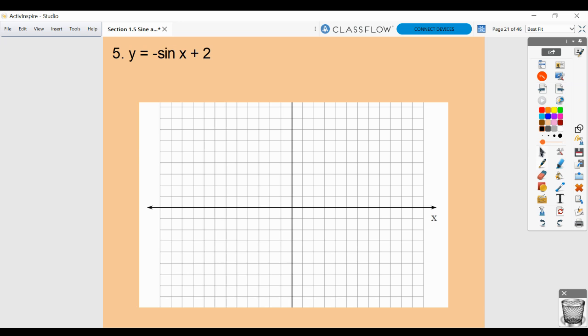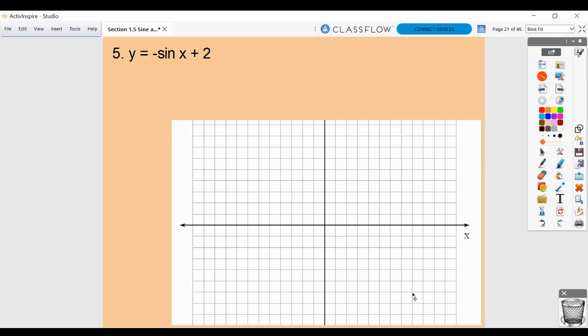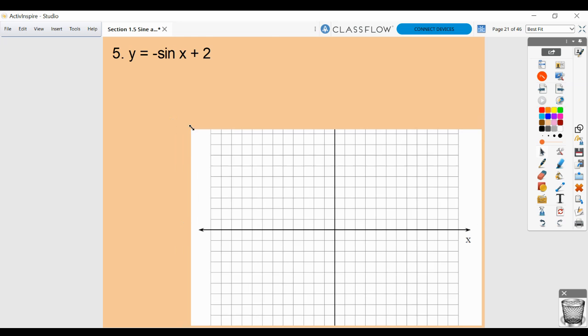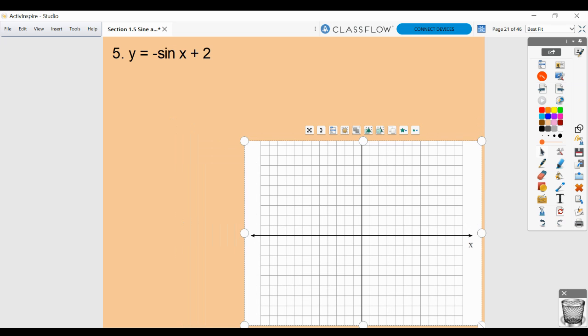Okay, here is another example. So we have y equals negative sine x plus 2. So we want to first find our amplitude and our period. Amplitude is just that number in front of the function, and it's 1. That negative means something else. Period is 2 pi over b.